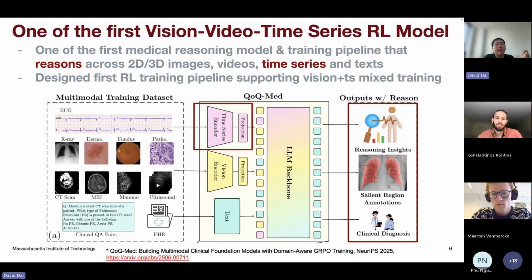The way we handle this is that we add a 1D positional encoding for the time series. So it's not 2D as in images, but it still has positional encodings, and we also add special time series tokens to note the start and the end of the time series. Okay, thank you. Thanks for the question.